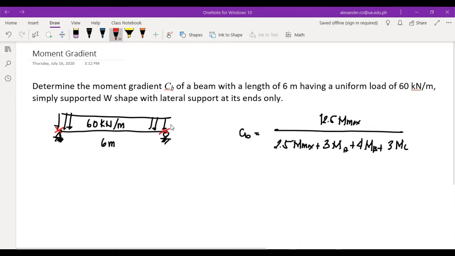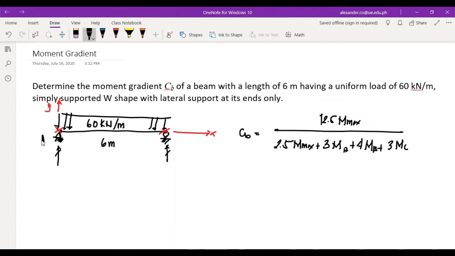There are many ways to compute the maximum moment, moment at A, moment at B, and moment at C. This is how I solve it, depending on which method you prefer. First I solve the reactions, which you need in any method.